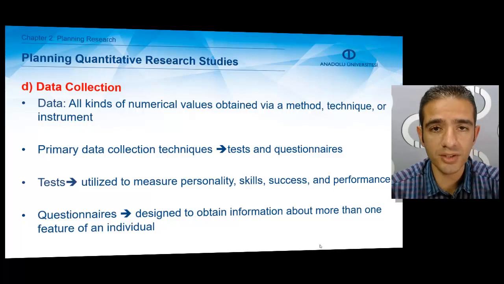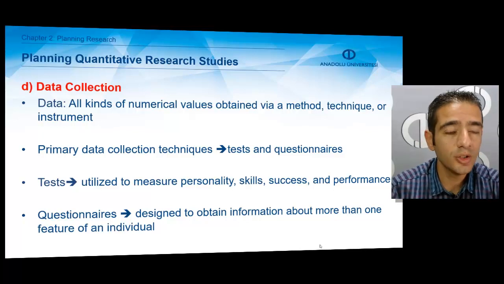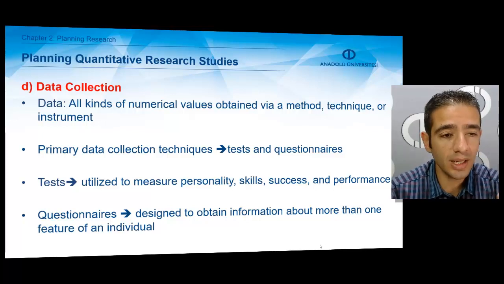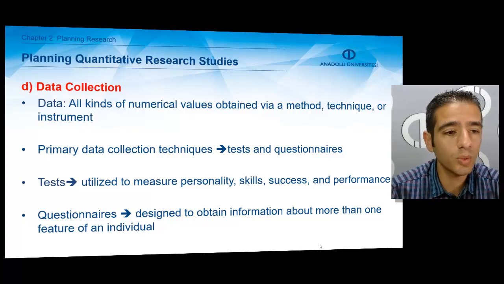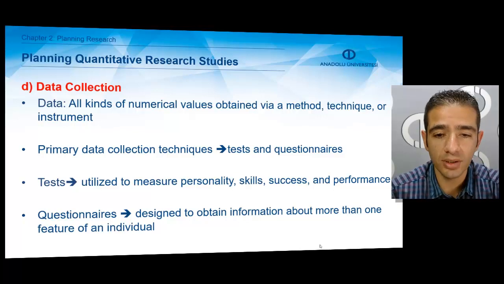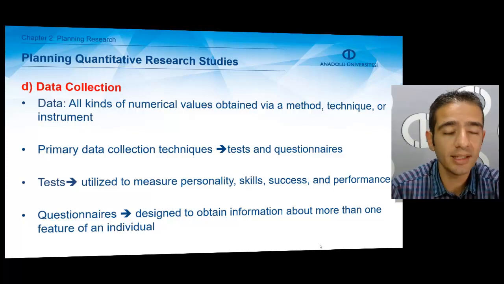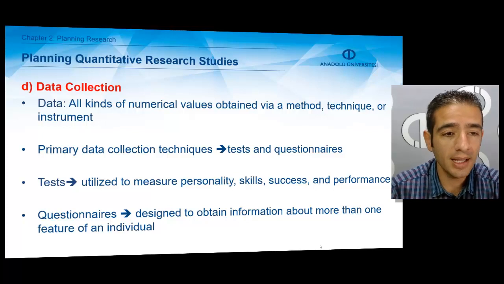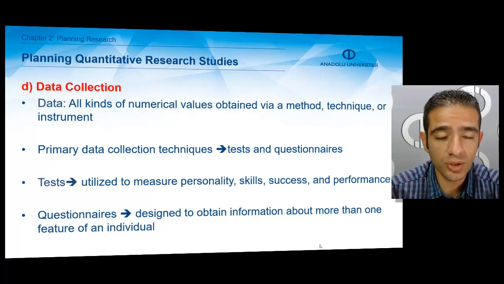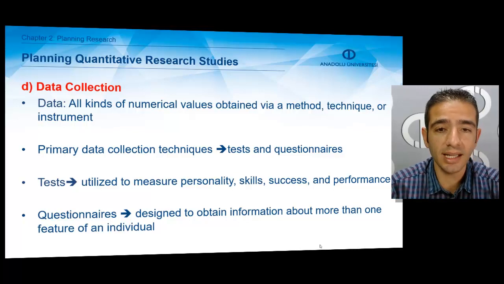After your participants are ready for your research, you try to arrange your data collection process. And here, an important term, we have data. It refers to all kinds of numerical values obtained via a method, technique, or instrument. And in quantitative research, we have primary data collection tools.